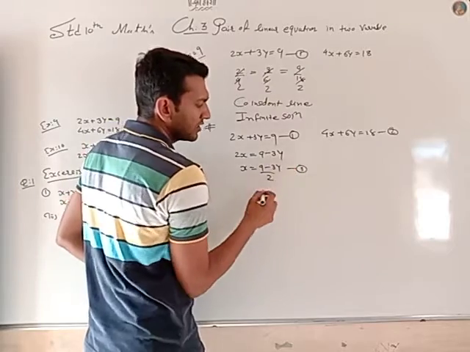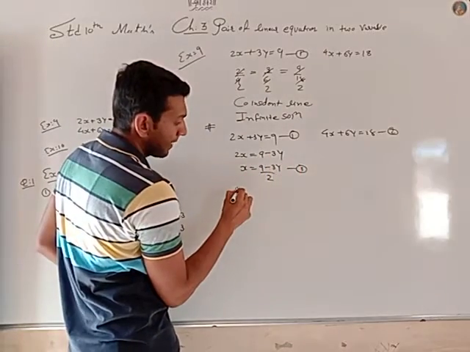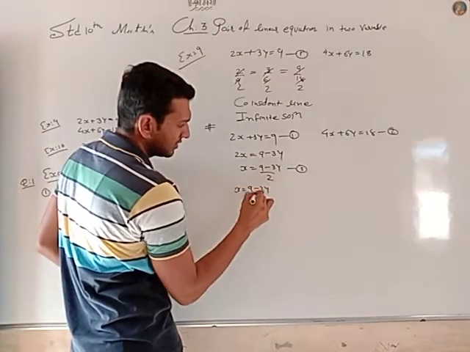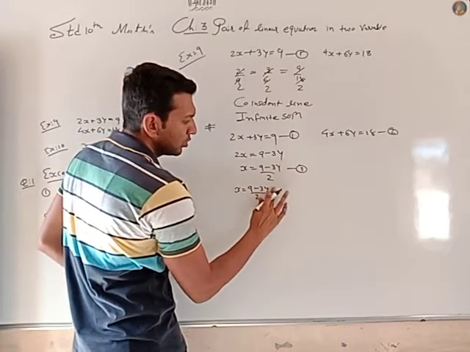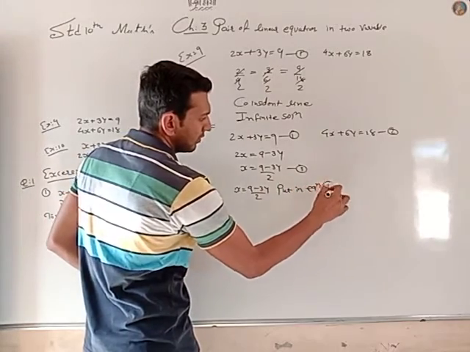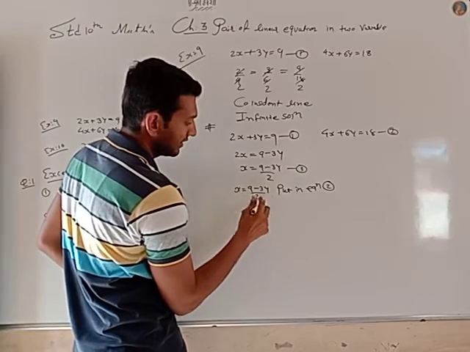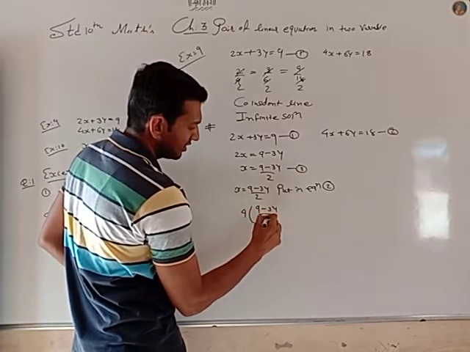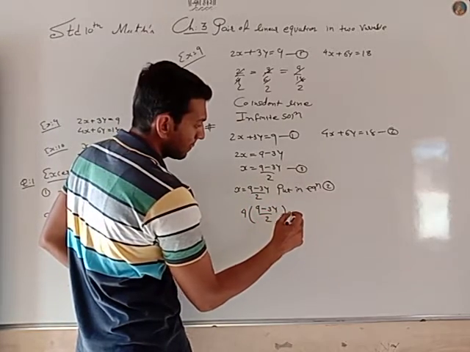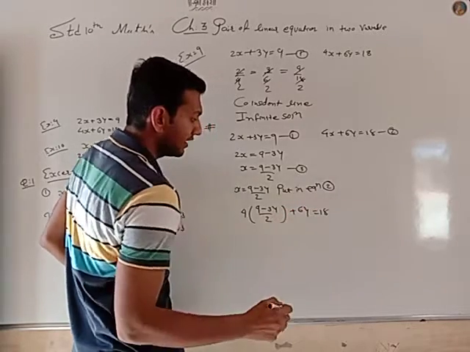This is called equation number 3, and put 3 in equation number 2. X is equal to 9 minus 3y by 2, put in equation number 2. So 4 bracket 9 minus 3y by 2 plus 6y is equal to 18.